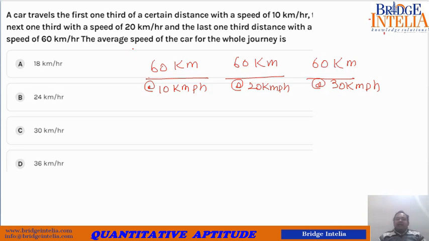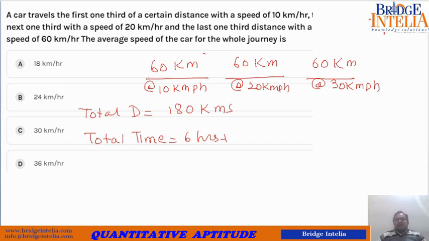We have to find the average speed. Total distance 180 kilometers. Total time: time to cover this patch 60 by 10, 6 hours. Time to cover this patch 60 by 20, 3 hours. Time to cover this patch 60 by 60, 1 hour. So that is equal to 10 hours.